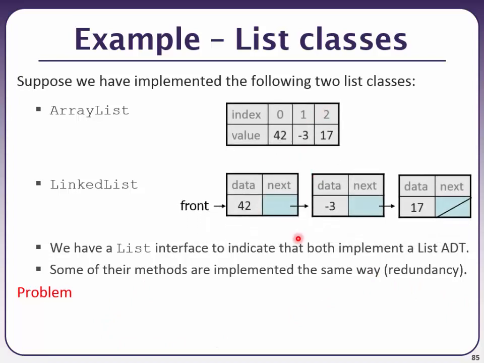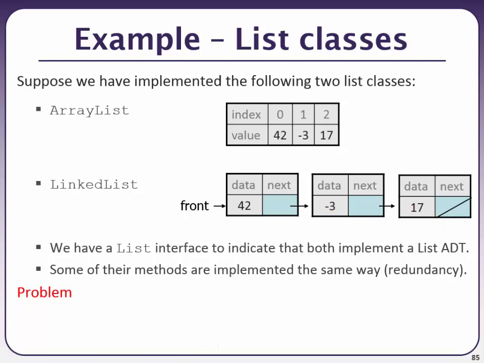So two different implementations, one with arrays. If we have a list of, for example, integers, the same integers 42, -3, 17, that need to be stored in a list, well, if we use an array list, it's going to look something like that in memory. If we use a linked list, it's going to have those three different objects linked to one another.